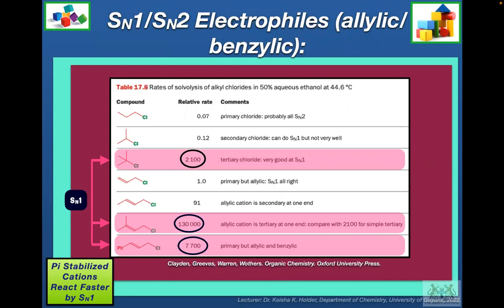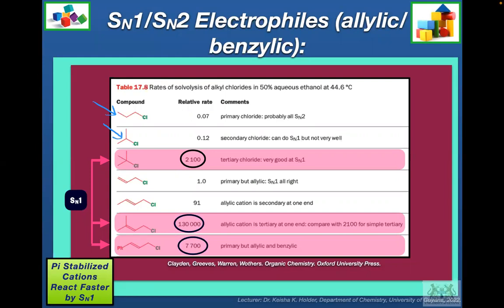This is likely to be SN2, as you see on the table. Then you have a secondary alkyl halide, likely to be SN2 as well. I mean, it can go by way of SN1, but it may be more preferred for it to go SN2.